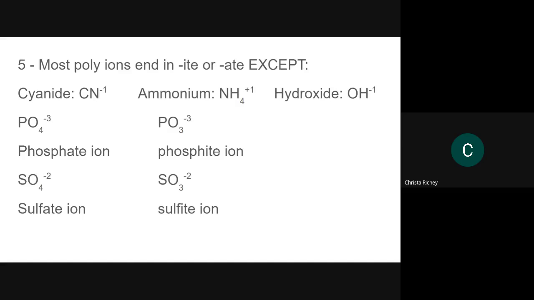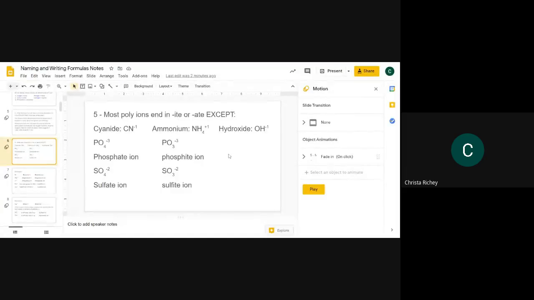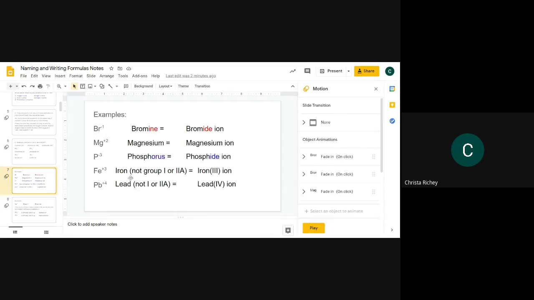Why? Because it is. Phosphate is PO4 with a -3 charge. It is still an ion. And once again, if you're telling me it's an ion, you should put that word on there. If you did submit yours electronically, instead of me just marking stuff wrong left and right, just go back and check your submission and redo it if you have to.